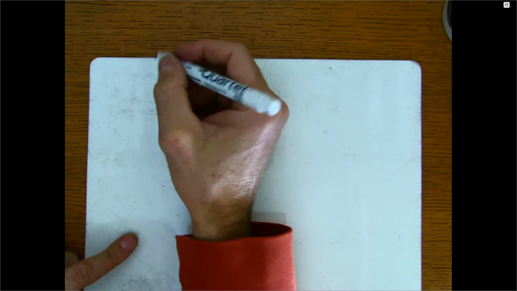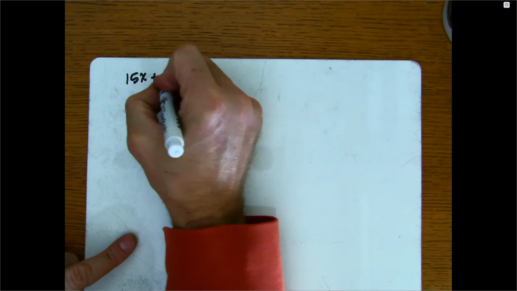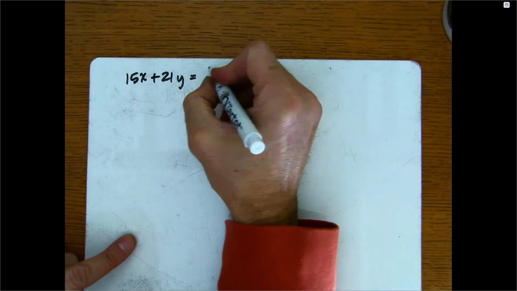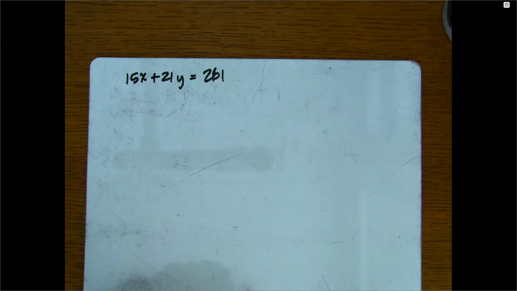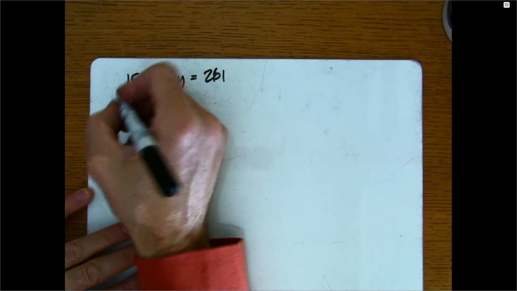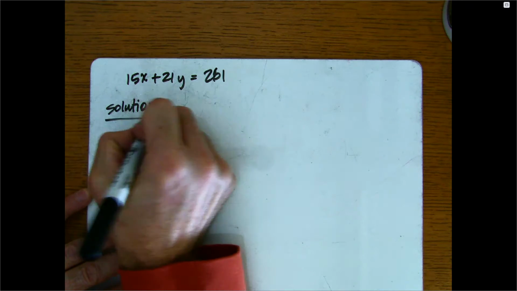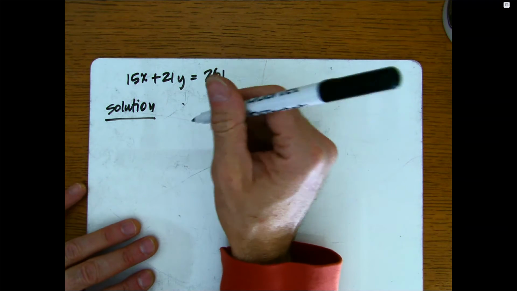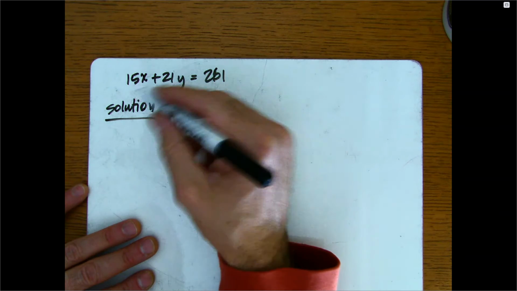Let's try it. So 15x plus 21y is equal to 261. Well, probably the first thing we should notice is that we need to check to see if the GCD allows a solution.